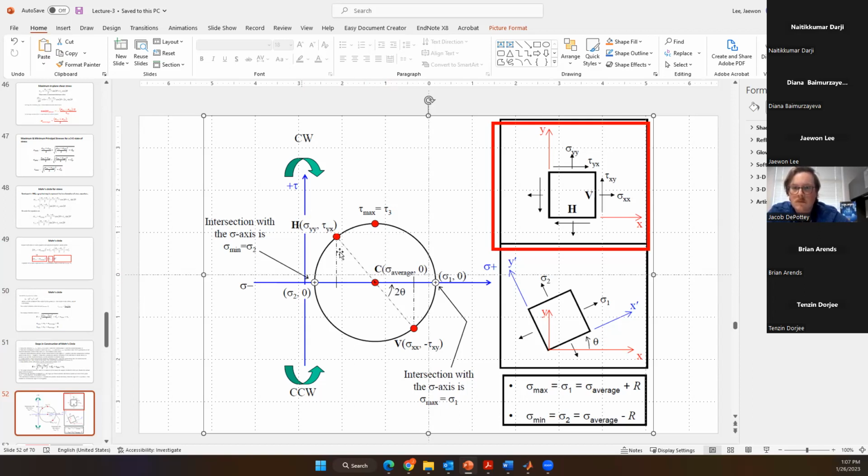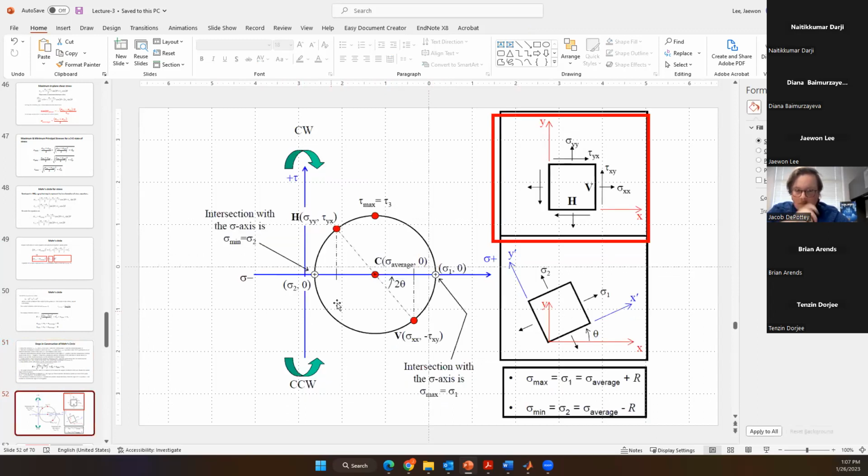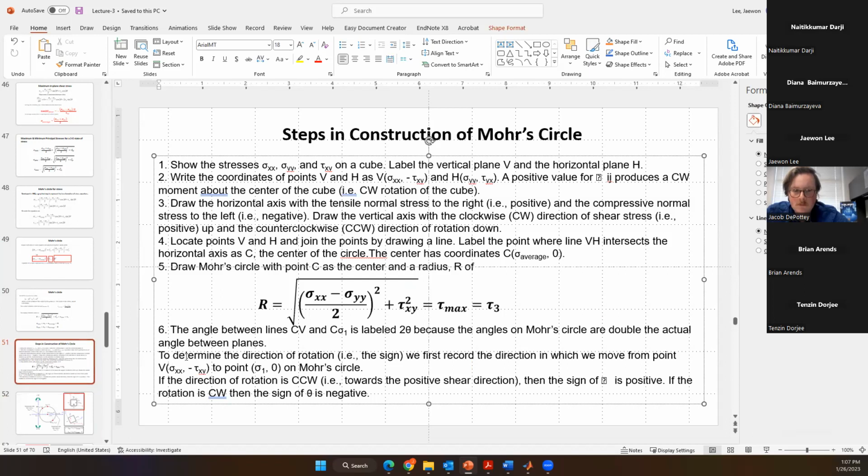Then we point out the normal stress axis where the circle intersects, sigma max equals sigma 1, and sigma min equals sigma 2, and we draw the circle. We can then calculate the radius and draw the Mohr circle.